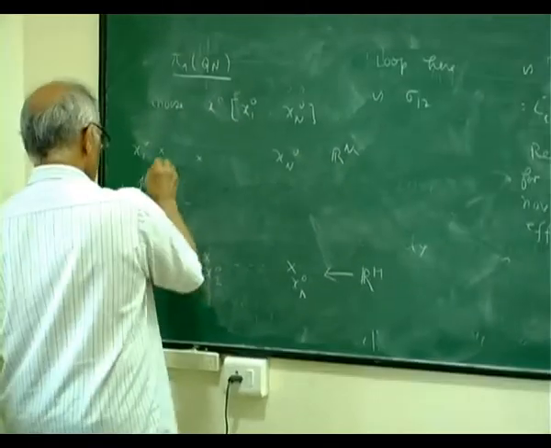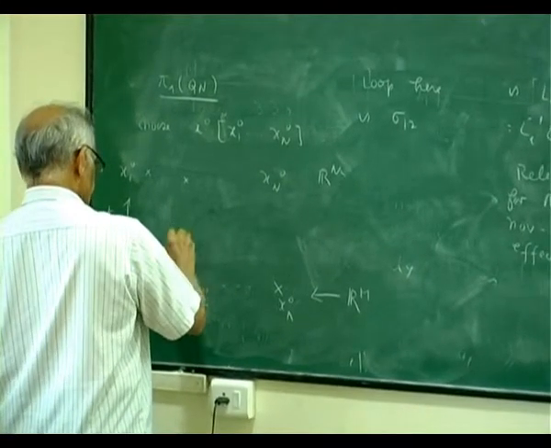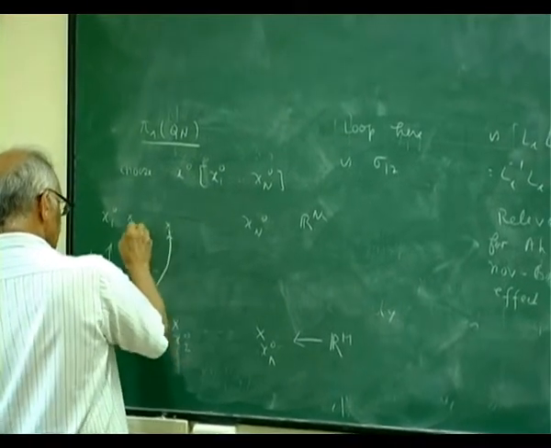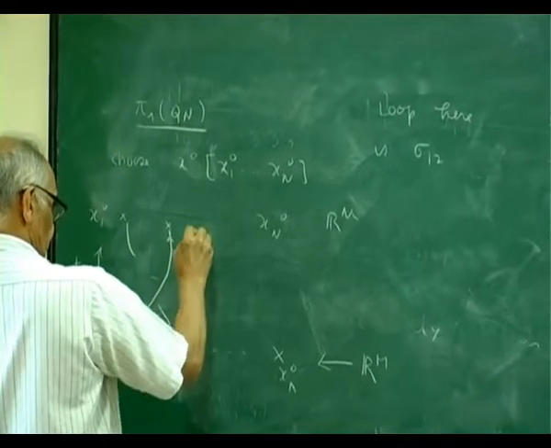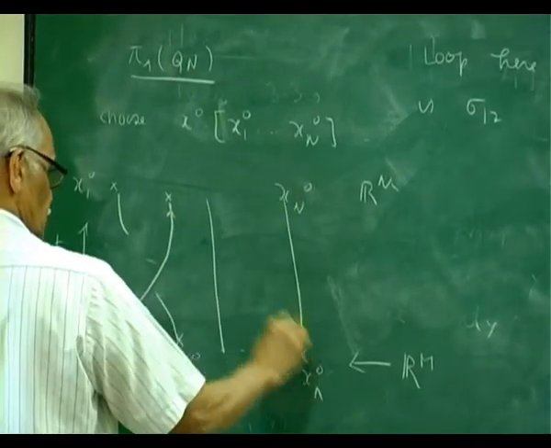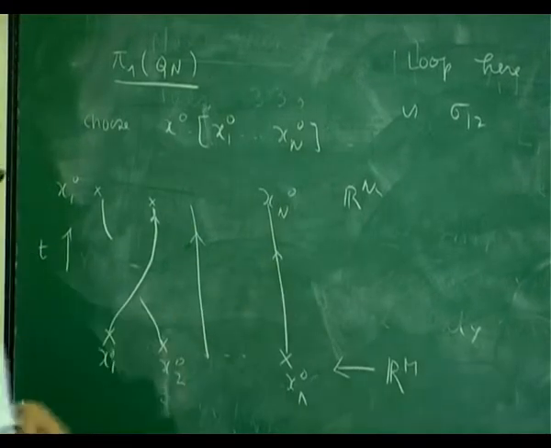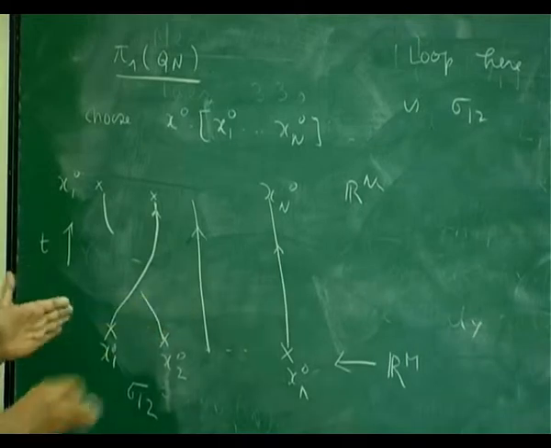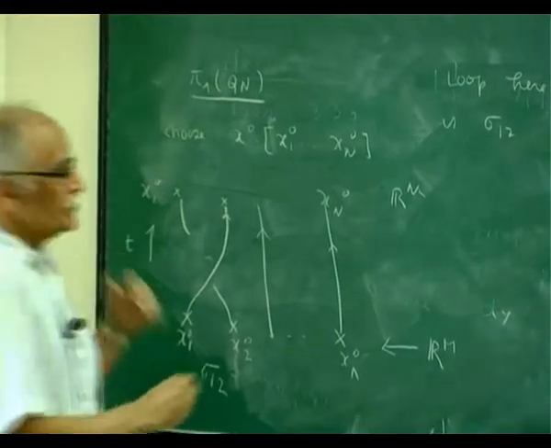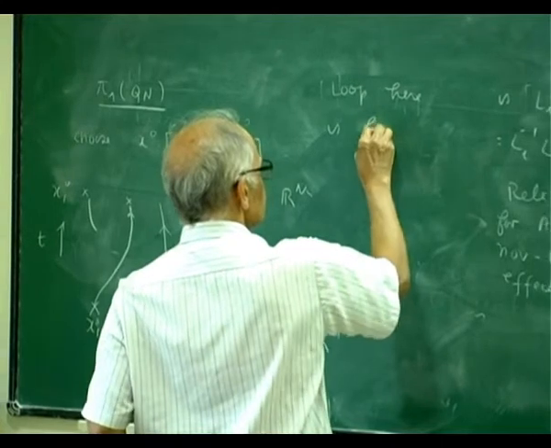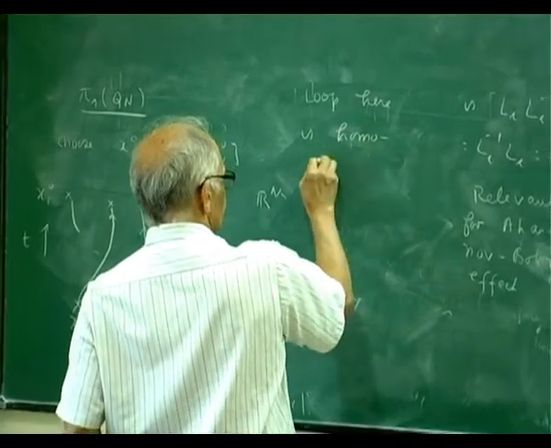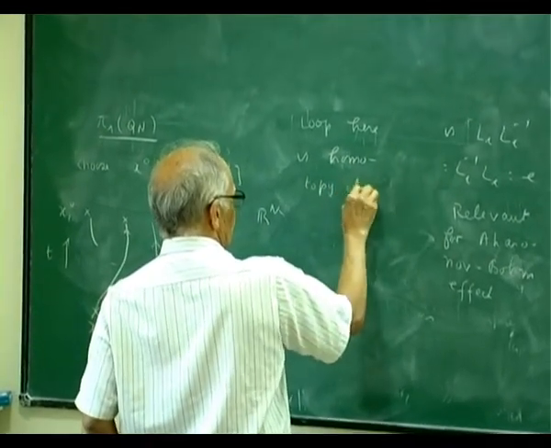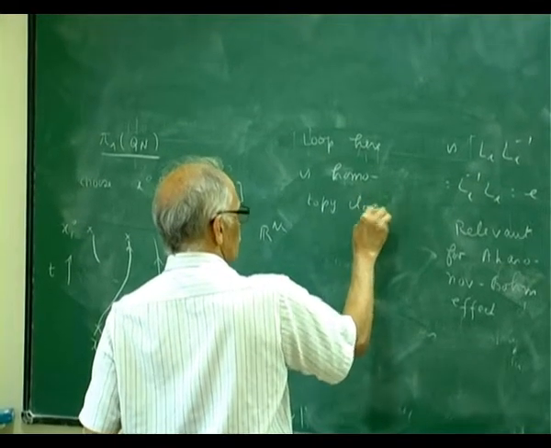So t, the parameter of the loop, is going this way. I go and move this to this point, and this one, let us say, move it behind. The rest I do not move. This is sigma 1 2, the homotopy class of this loop.